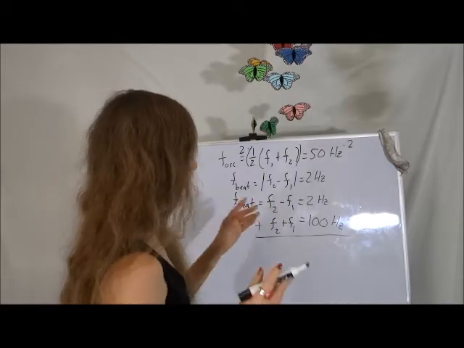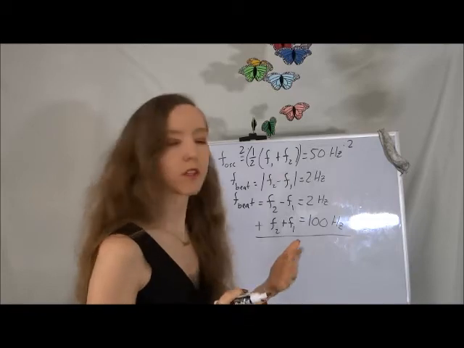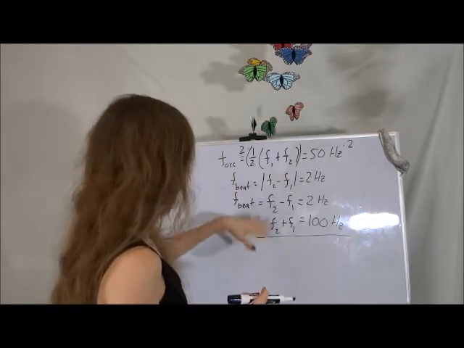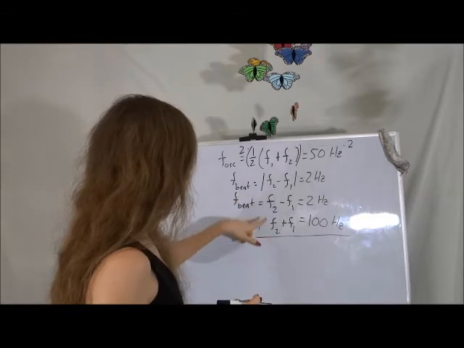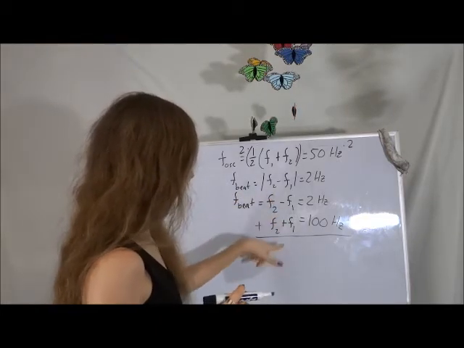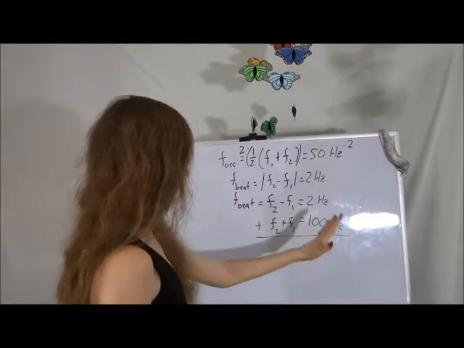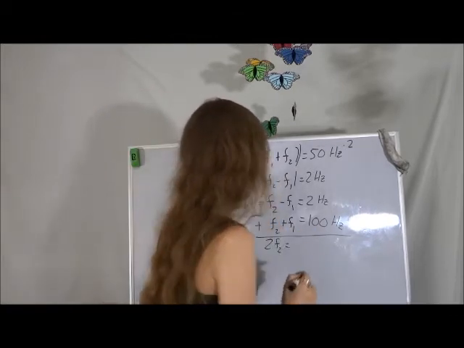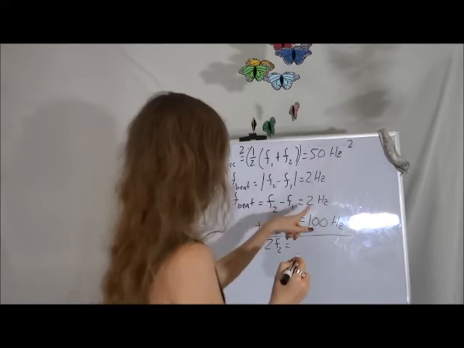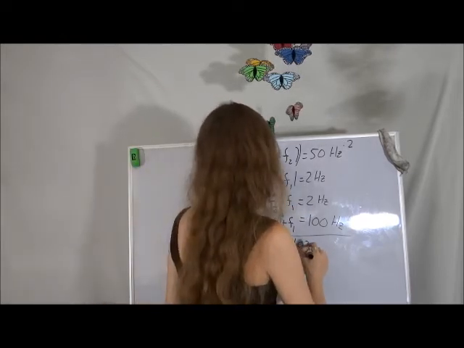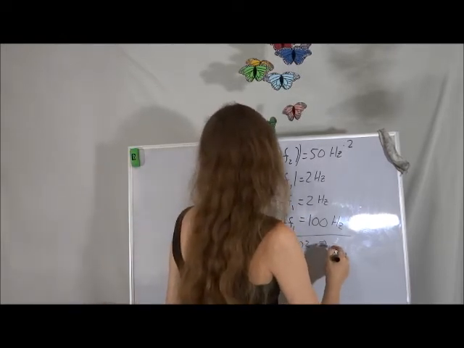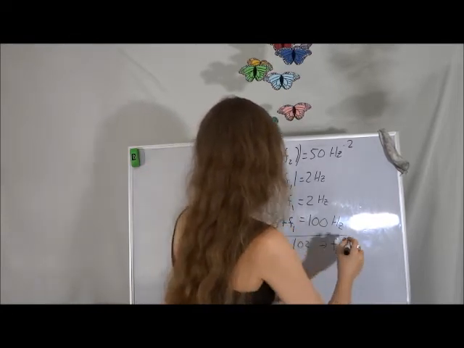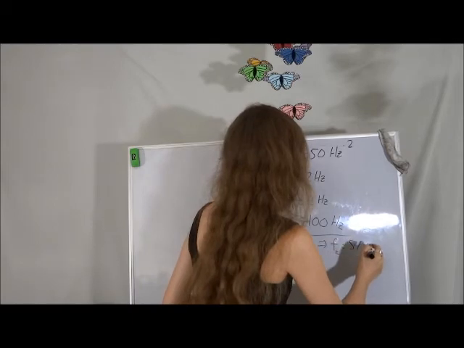Maybe this is recalling some stuff you might not have seen a lot since Algebra 2, but if we have a system of 2 equations, we can just add them together and cancel out this F1 term. So we're going to be left with 2F2 is equal to 100 plus 2, which gives us 102, which tells us that F2 is equal to 51 hertz.